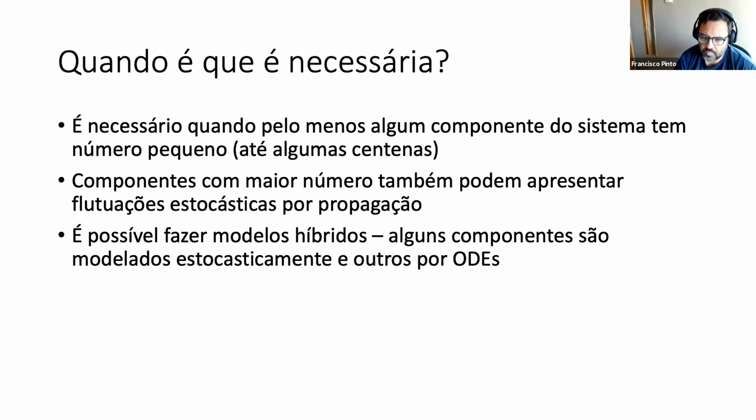Sometimes it is useful to make hybrid models where you mix continuous simulations of systems of differential equations with stochastic simulations. So you model the stochastic evolution of the variables that have low copy number for a small period, assuming that during that stochastic simulation the variables with a high number are constant, and that should be done for a small period of time.